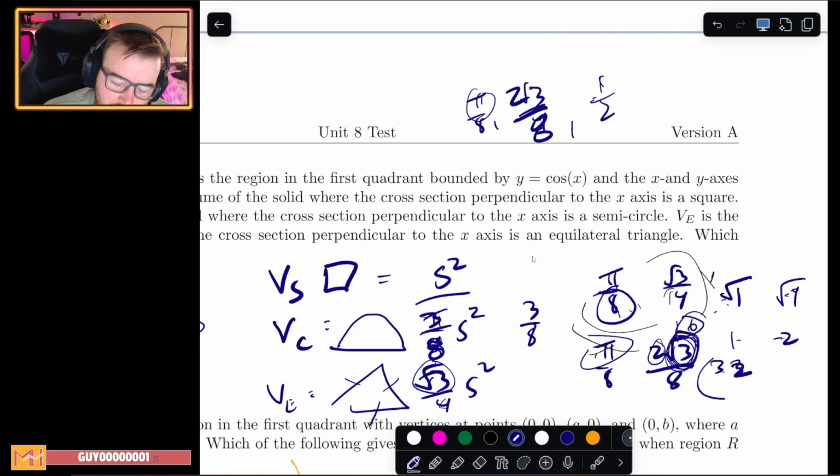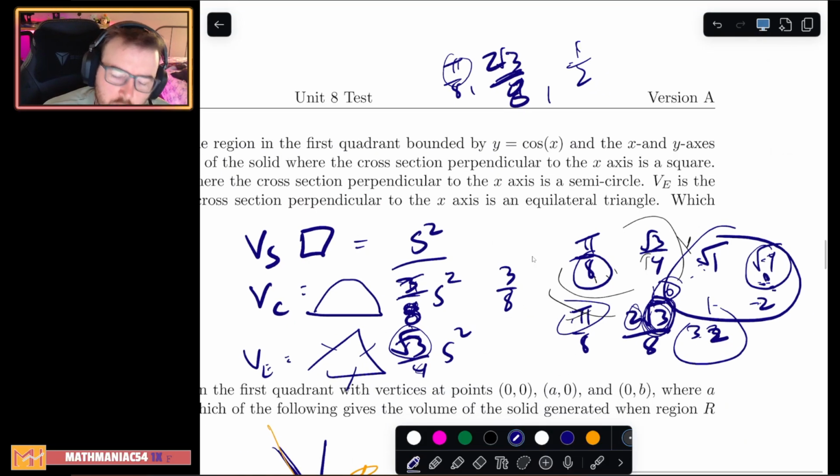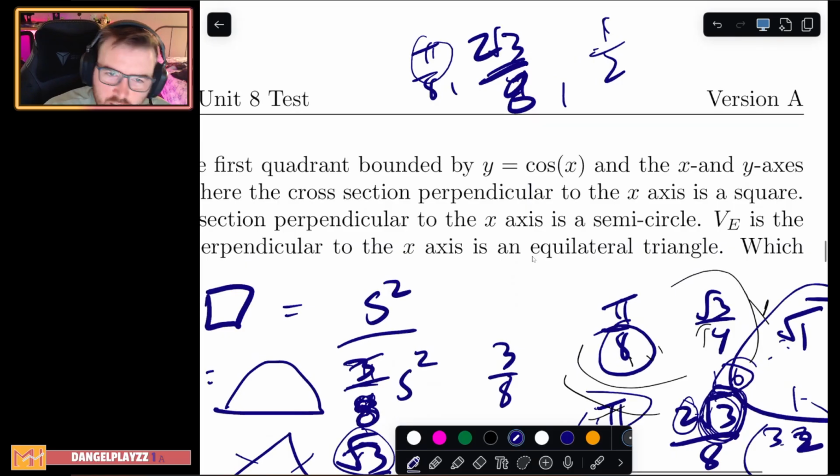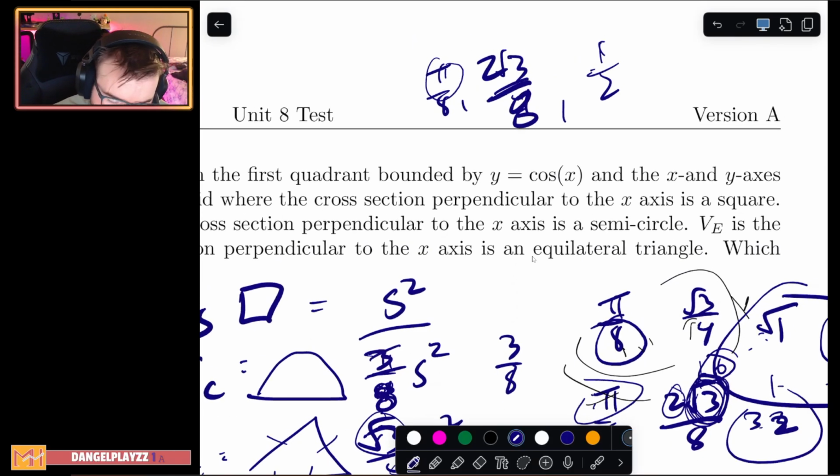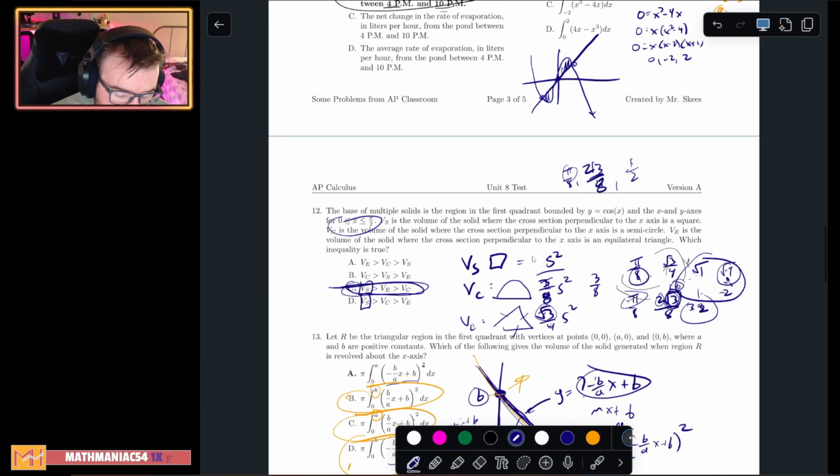I did have this analogy: we're closer to square root of 4 than we are to square root of 1, and with that being said, it's got to be bigger than 1.5, right? But those are very close. Maybe that should be calculator active.